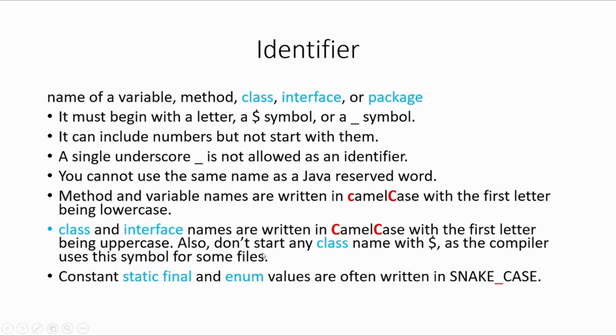Also, do not start any class with $, as the compiler uses this symbol for some files. And constants, static final, and enum values are often written in snake case. Snake case means all capital letters in words joined together by underscore.